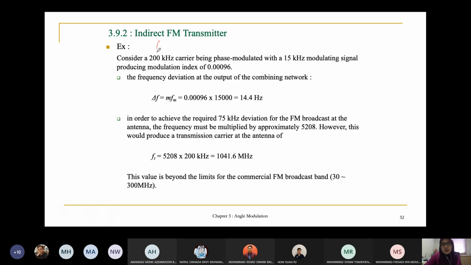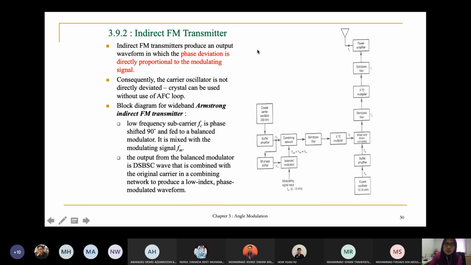So look at here, the Fc is 200 kilohertz. Your Fm is 15 kilohertz. If you refer to this figure, you can see that the Fc is 200 kilohertz and your Fm is 0 to 15 kilohertz. So that's why we write Fm equals 15 kilohertz.